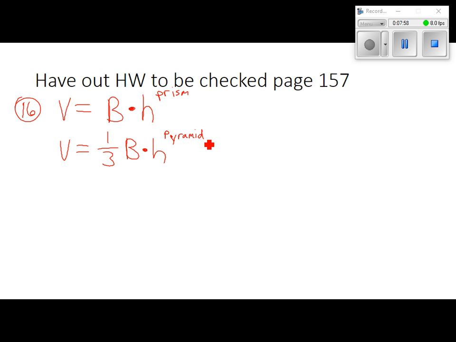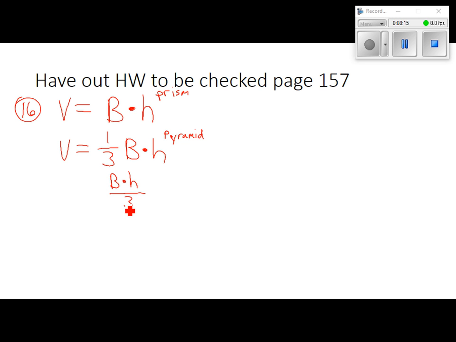What do you notice? Pyramids divided by 3. Exactly. And we probably wrote down big B times H divided by 3 to make it easier, right?